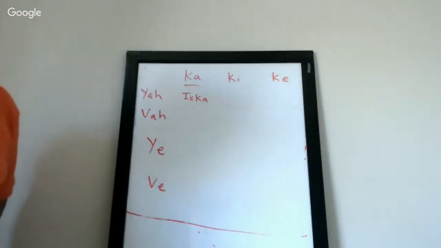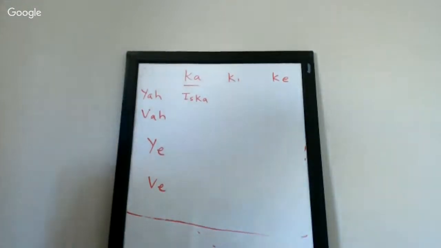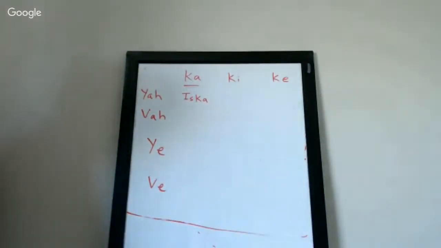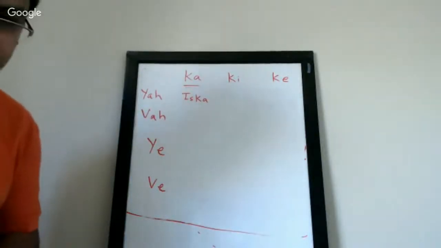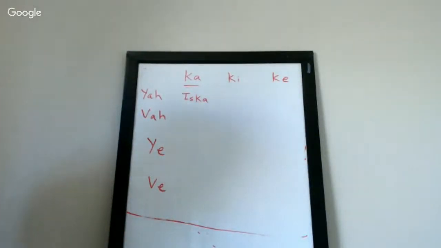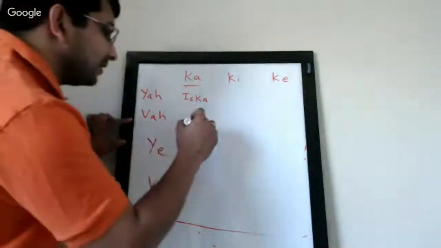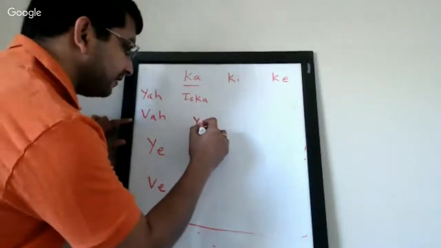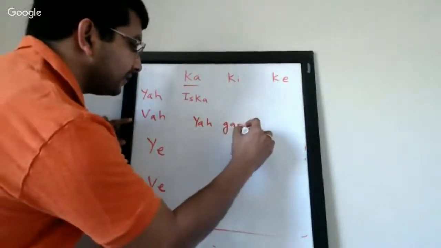Anything else that you can think of where you use इसका? Think of a small sentence. Take your time, okay? No rush. Very good. So what Janet has said is, यह garden है.